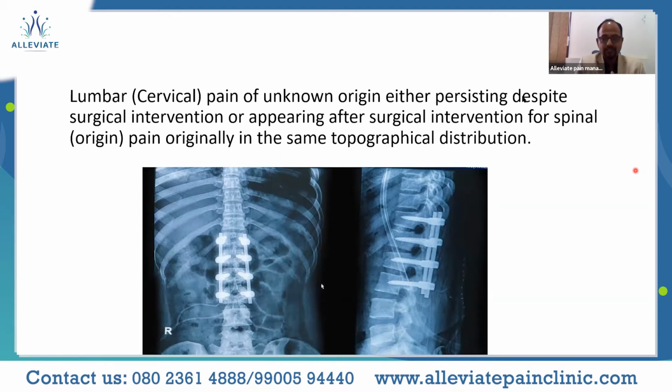To simplify this definition, it states that there has been a back pain, which could be of lumbar or cervical origin anatomically, for which they have intervened surgically, and now the pain persists in a similar fashion, or it could be different, but the primary pain pattern still persists.